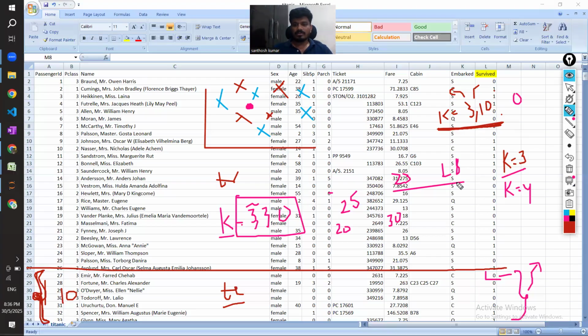Let's say you consider the k equal to 3 case. With that, you are testing all these 10 data points, and then you are checking how many of the actual values match the predictions from the model.